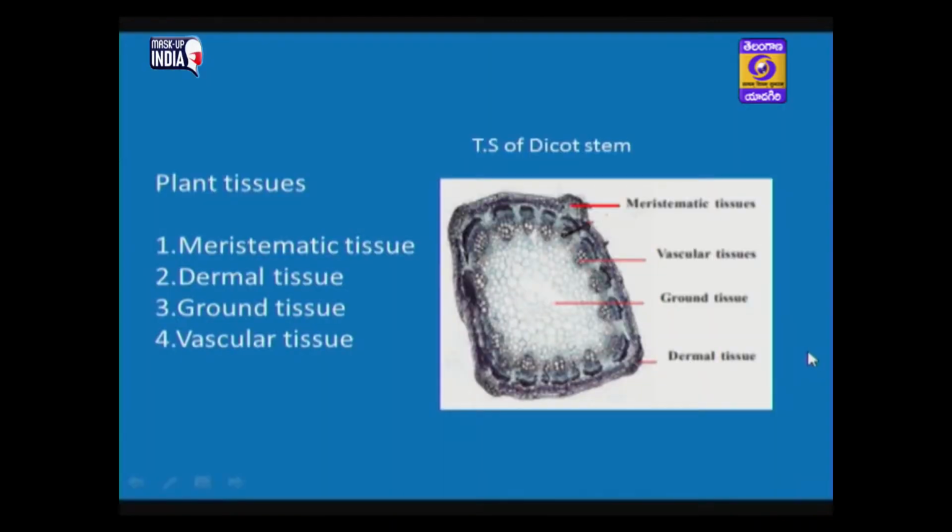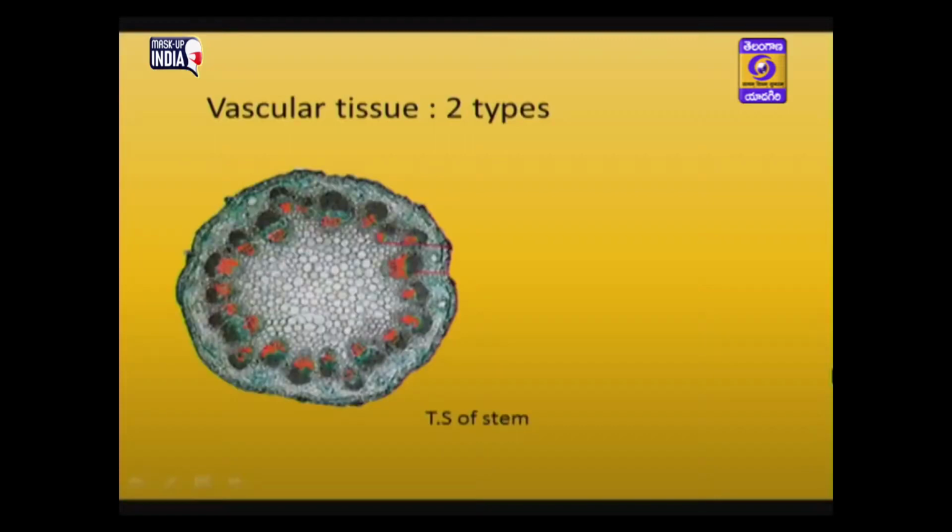Now, let us move on to the fourth tissue, that is vascular tissue. Vascular tissue is of two types. Now, observe this TS of stem here. You can see some cells in the colored portion; these are called the xylem tissue, and the cells near this xylem are called the phloem.